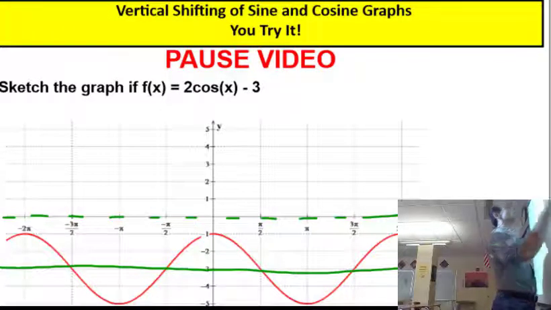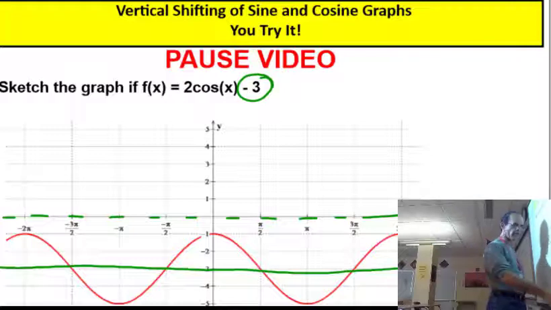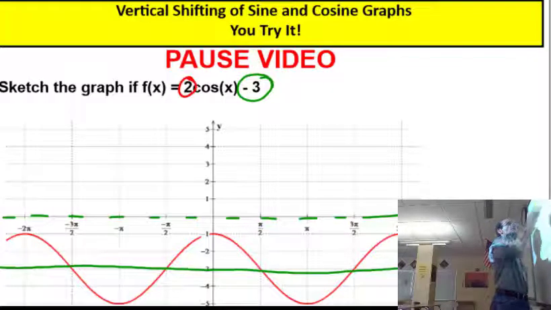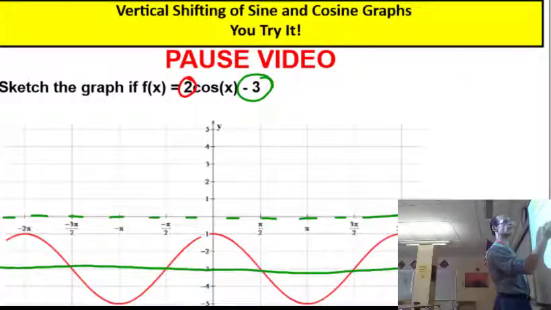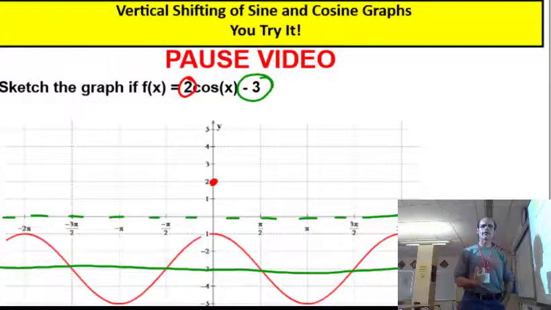So the first thing I did is I set my midline, I drew a midline at negative 3. Then I looked and I said, okay, usually for the graph of cosine, I would start here at 1. This one's got an amplitude of 2. So for the regular graph of cosine here with an amplitude of 2, I would start at 2. Only now I'm going down 3.